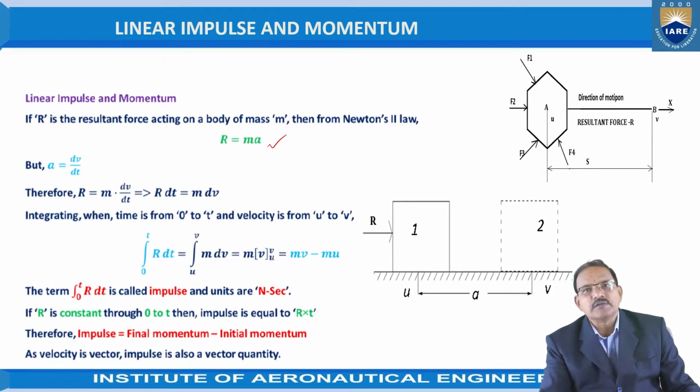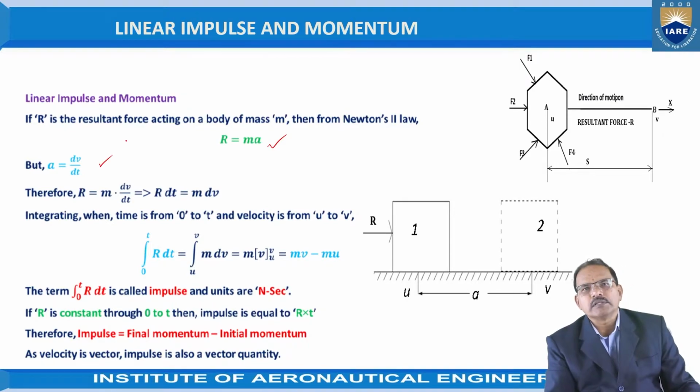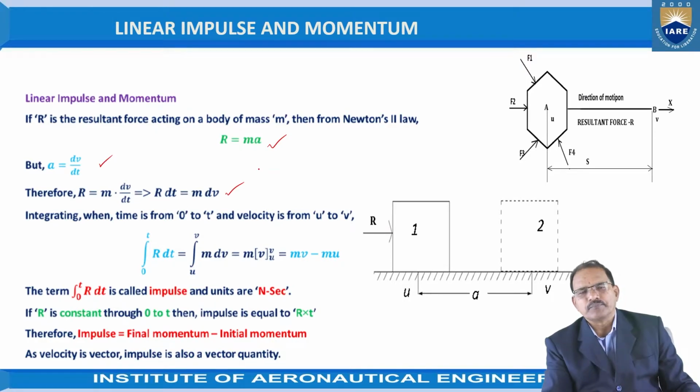But acceleration is defined as the rate of change of velocity, hence it is equal to dv by dt. So the modified equation is R equal to m dv by dt, which on cross multiplication gives R into dt is equal to m into dv.